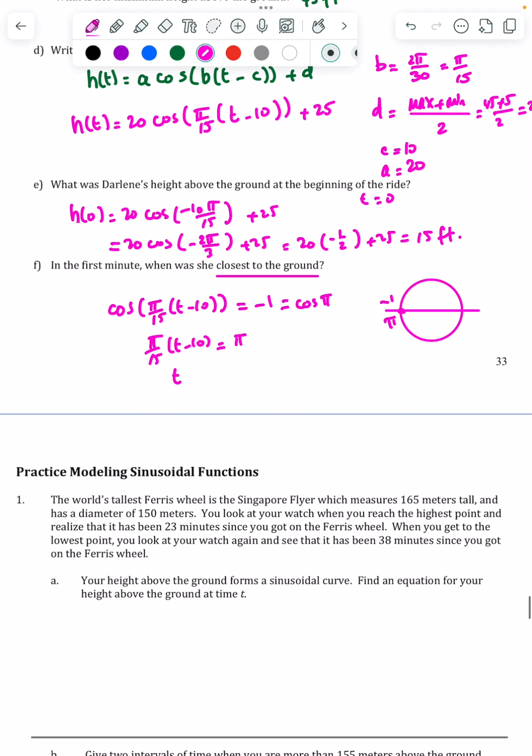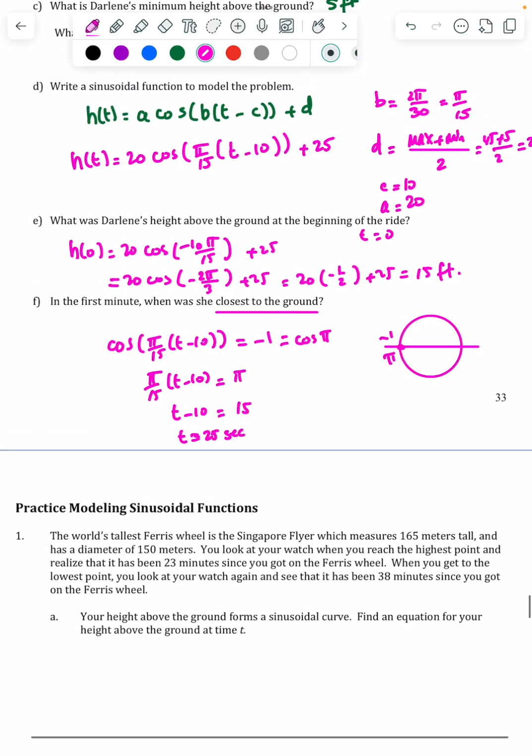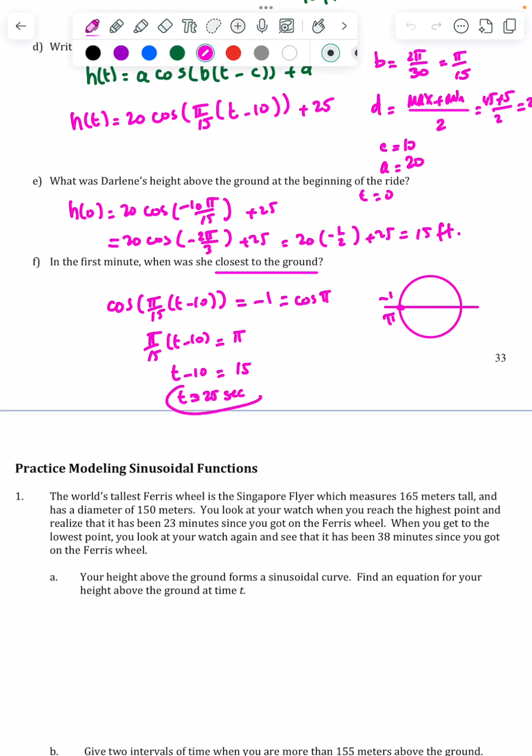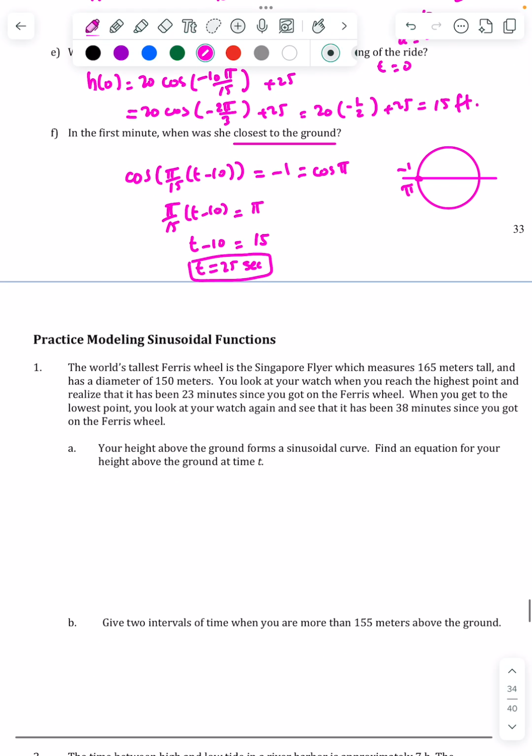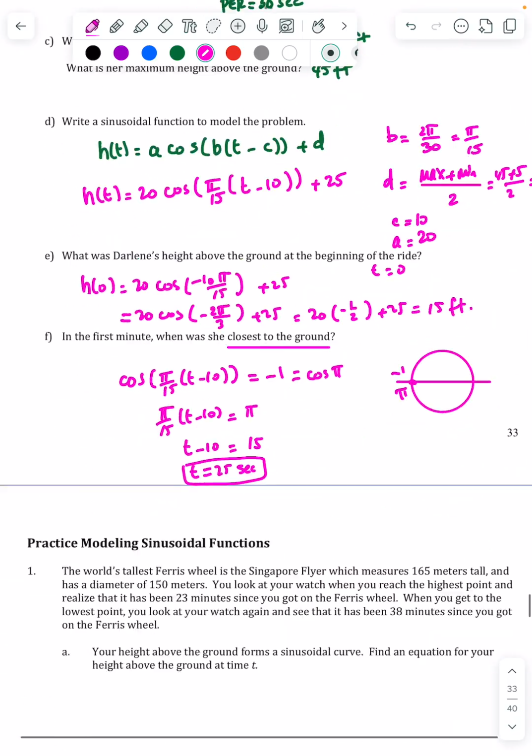And this gives you t minus 10 to be equal to 15, which means t is equal to 25 seconds. Okay, so let's clean this up. Make sure you include the units. And this concludes example 4.